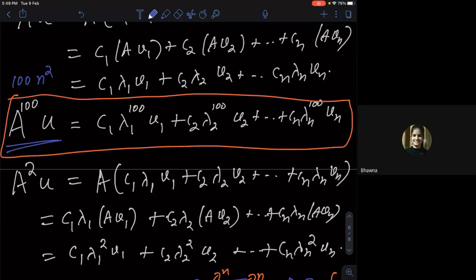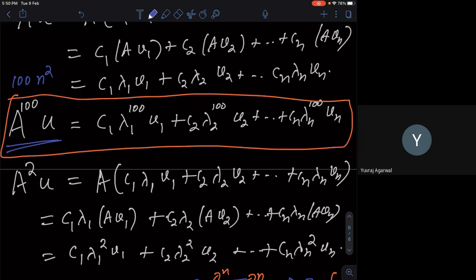Sir, order of n multiplications. It's 2n, yeah, something like 102n. How did you get N square?